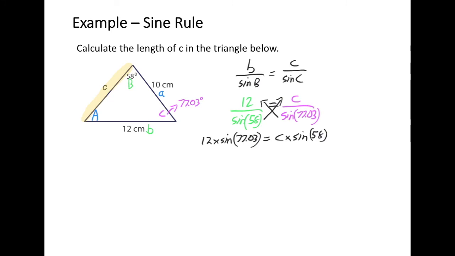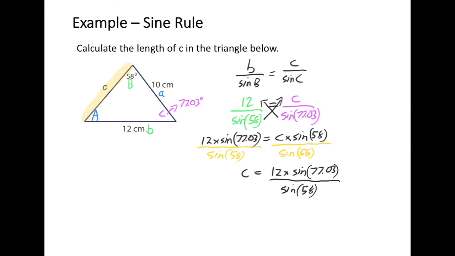So to get my C value by itself, I'm going to divide both sides by sine of 58. So my C value is going to equal to 12 times sine of 77.03 divided by sine of 58.